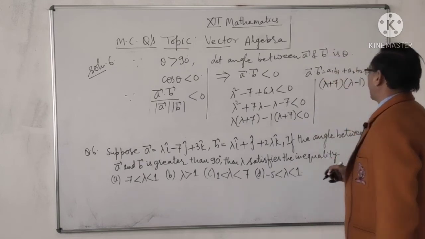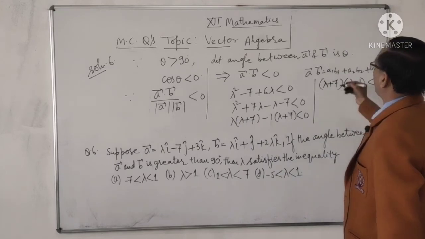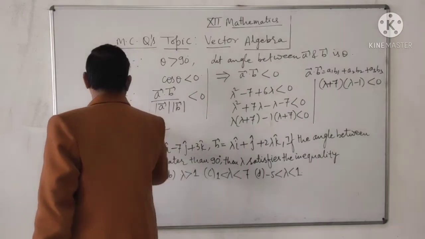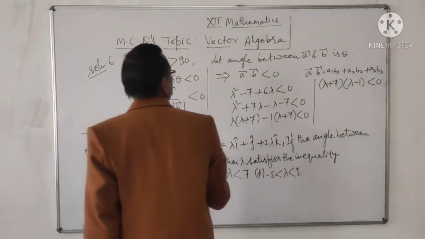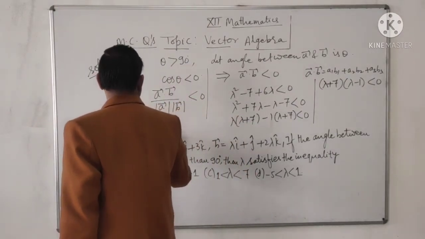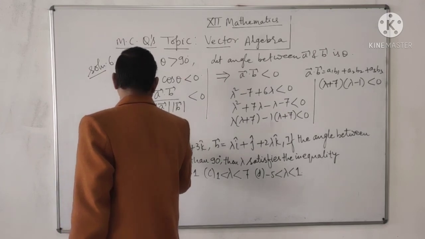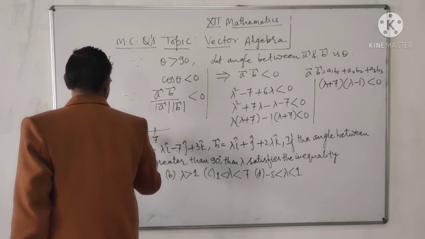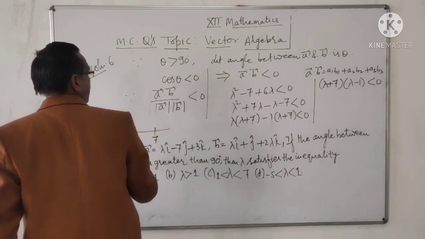This result is negative. So let us see the logic of inequality. The values of lambda are minus 7 and 1.